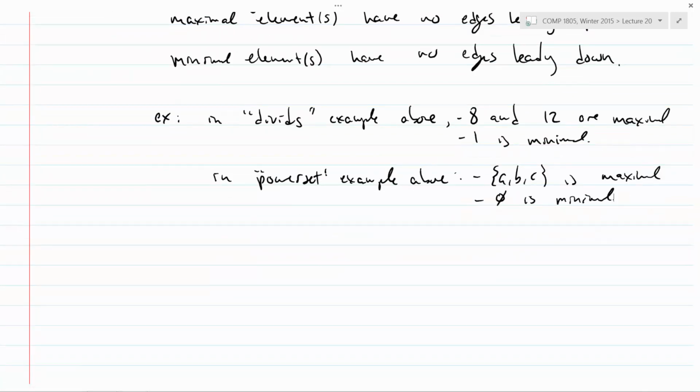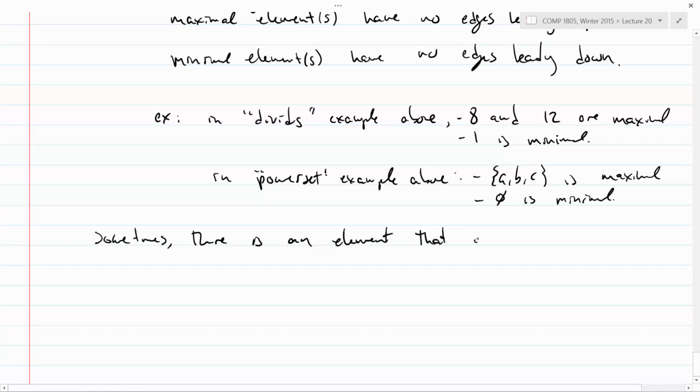All right, so the next thing I want to talk about after maximal and minimal elements are greatest and least elements. So sometimes there is an element that is larger than all other elements.